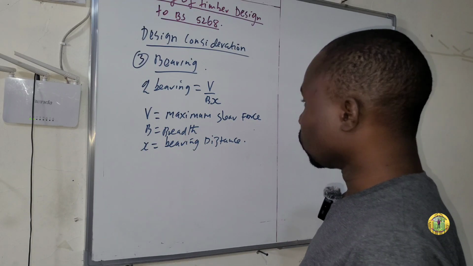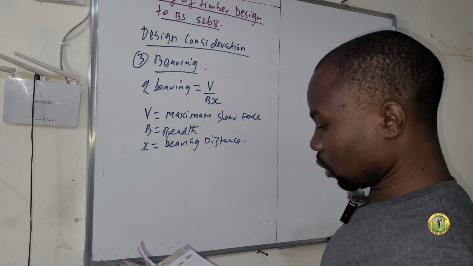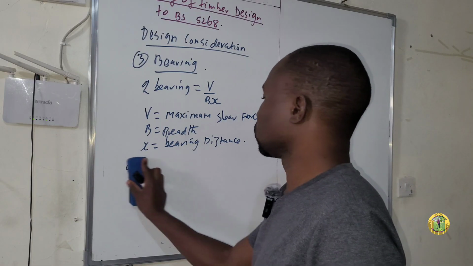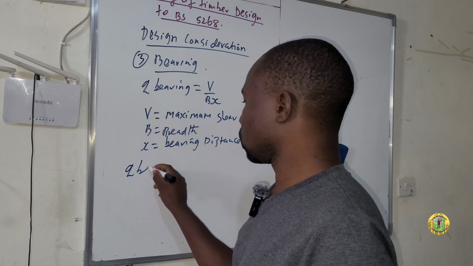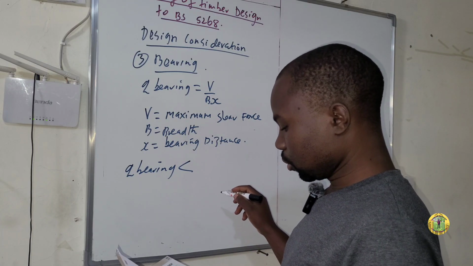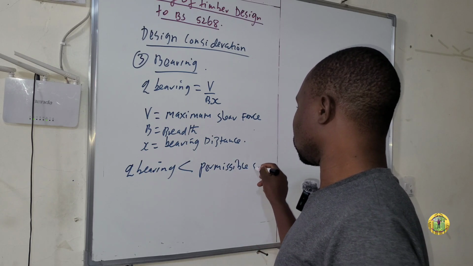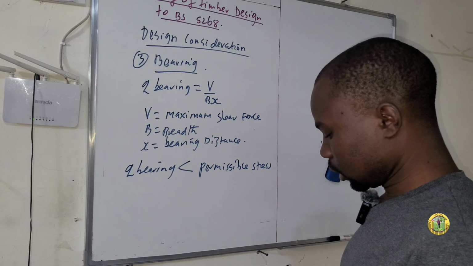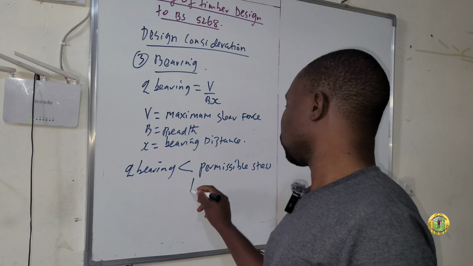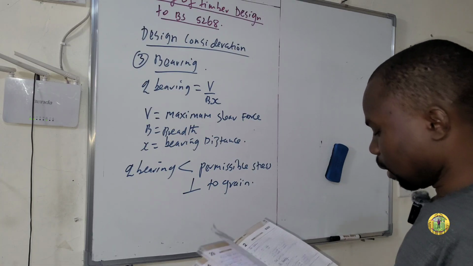Bearing distance. So the Q bearing must be less than the permissible stress perpendicular to grain, for such a section to be okay in bearing.